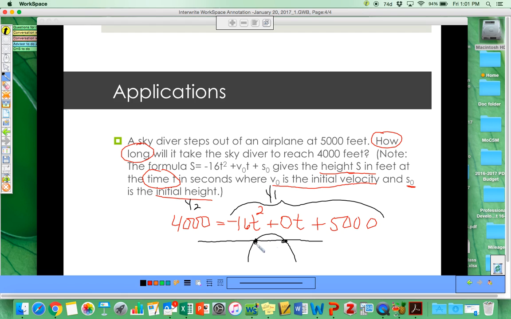So then you can see that there are going to be 2 points that we're going to reach the 4,000 feet in the entire graph. You're probably going to end up with one of these being negative, though. And so you need to think about, because the skydiver is just jumping out of the plane, we're only worrying about this side of the picture, not the entire parabola. And so if here's where his airplane is, and if he jumps out, then this is the time that we're looking for.